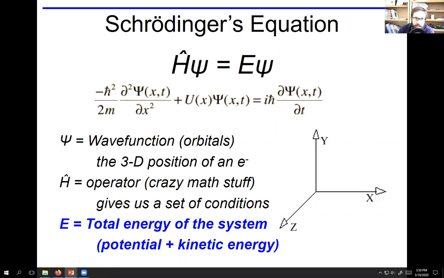Computers are actually used to solve this, and thousands of researchers, chemists, computational chemists they're called, across the world are developing new ways to solve this equation faster and better. Okay, because it's really important, and it's so complicated.